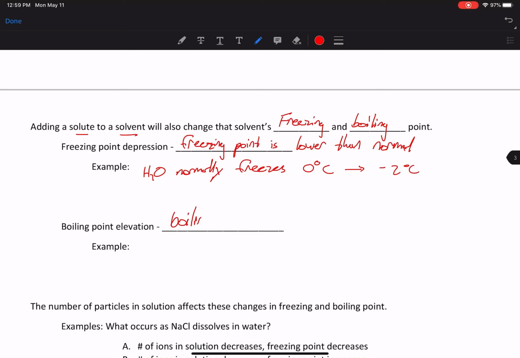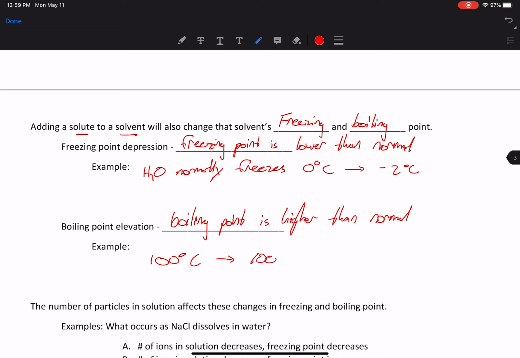So now boiling point is higher than normal. All right, so again, for example, water normally boils at 100 degrees Celsius. Once you add a solute to that water, you let like salt or sugar dissolve in it, it's going to take more time or more energy for it to boil.